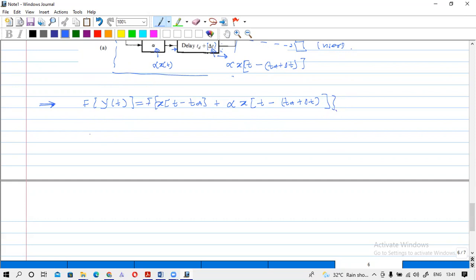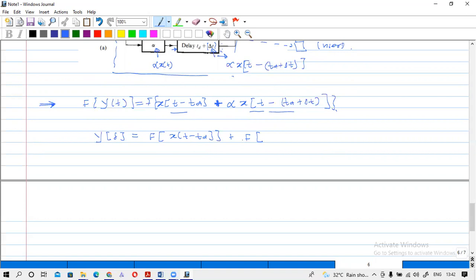The Fourier transform of y(t) is, as usual, capital Y(f). You can see that it is the Fourier transform of a sum of two signals, so using the linearity property of the Fourier transform, you can consider separate Fourier transforms here.